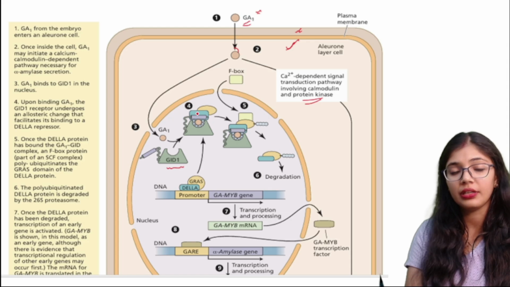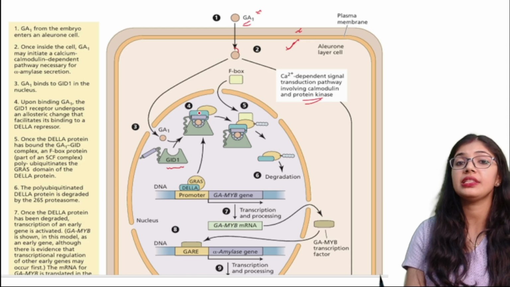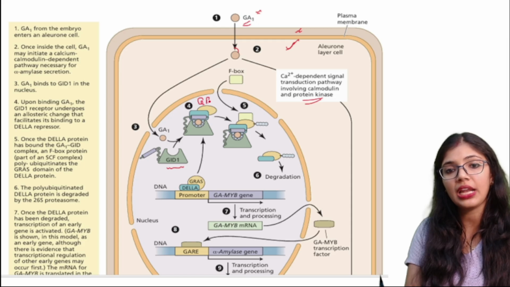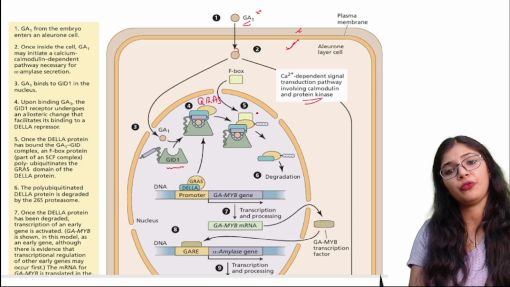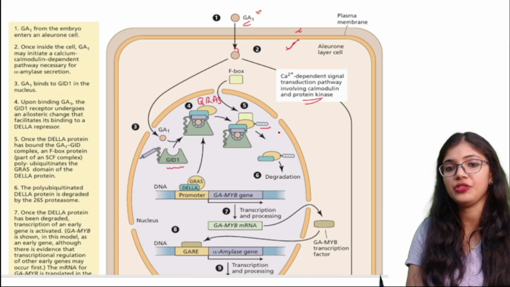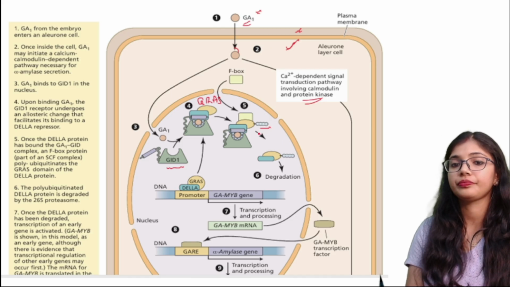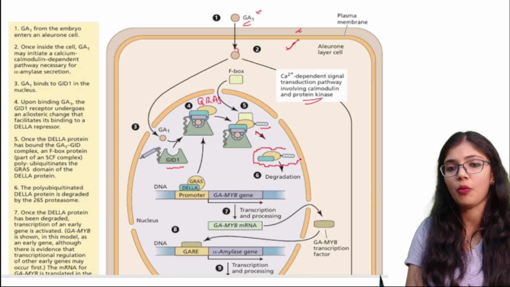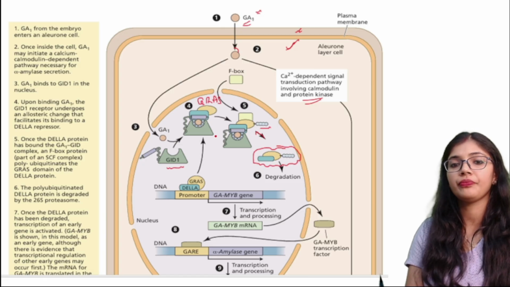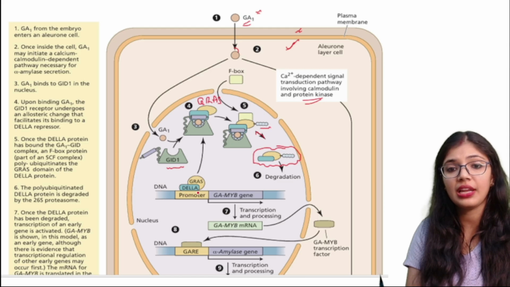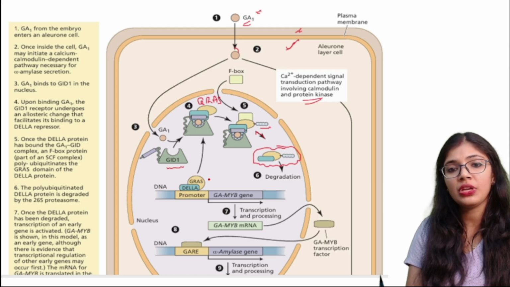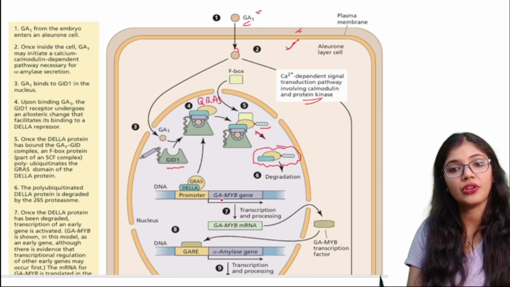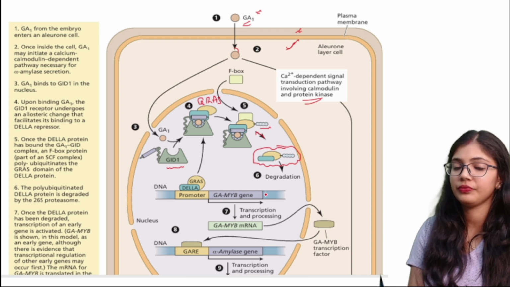This DELLA protein, which is a repressor, has one domain known as the GRAS domain. The polyubiquitination takes place in this GRAS domain, and there is degradation of the DELLA protein complex. This DELLA complex was repressing the expression of the GAMYB gene, so there was no expression of it.